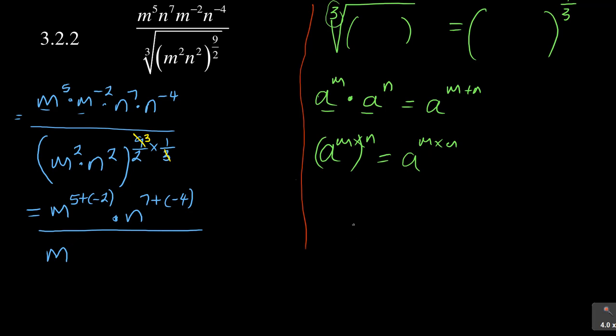Actually, let me use this law. If you are having a times b to the power m like that, and there is an n outside, it's saying a to the power m times n times b to the power m times n. You can see that this power affects b and this power affects a, and you distribute it across.